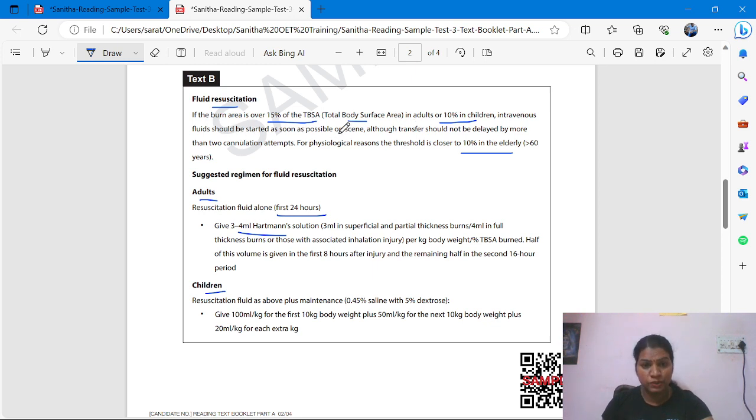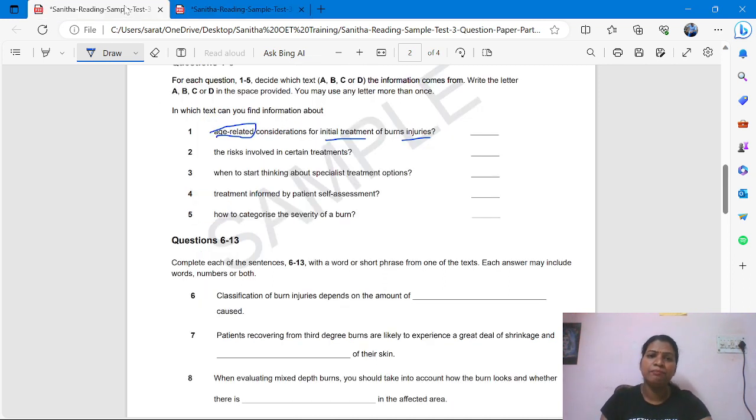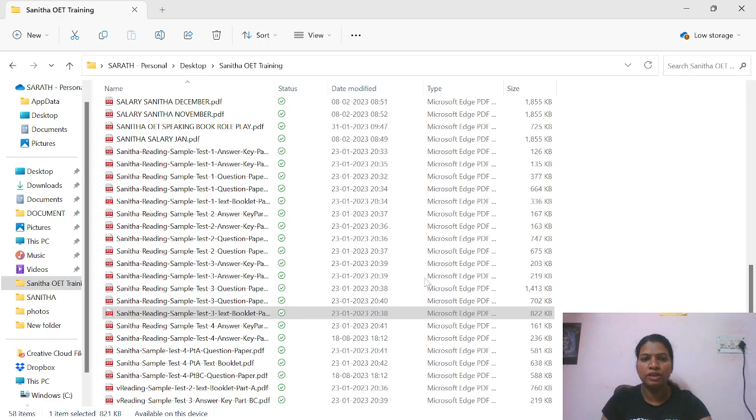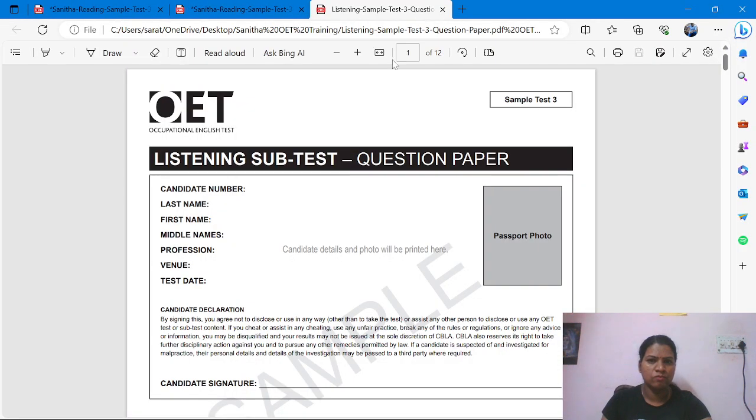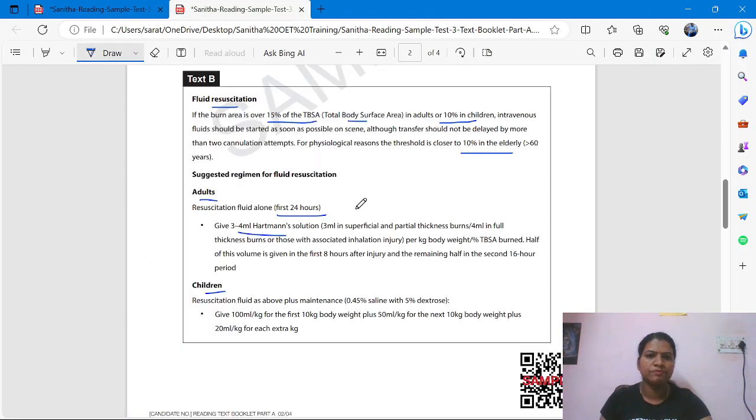Also, transfer should not be delayed by more than 2 cannulation attempts. So you have to write B here.